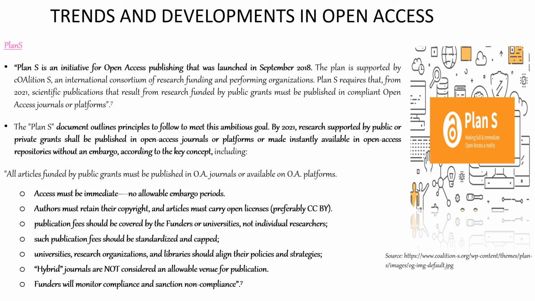Such publication fees should be standardized and capped. Universities, research organizations or libraries should align their policies and strategies. Hybrid journals are not considered an allowable venue for publication. So hybrid journals should not be entertained when you are following Plan S to publish your open access articles. Funders will monitor compliance and sanction non-compliance.